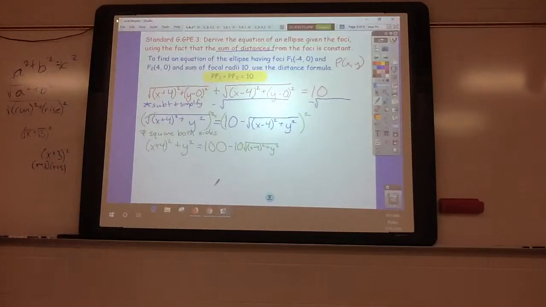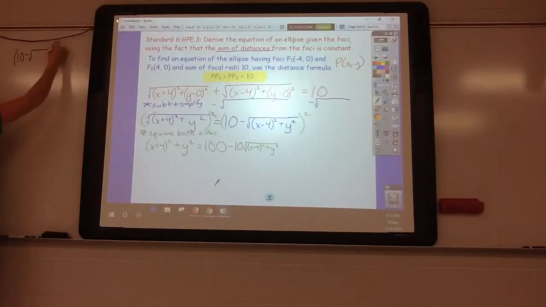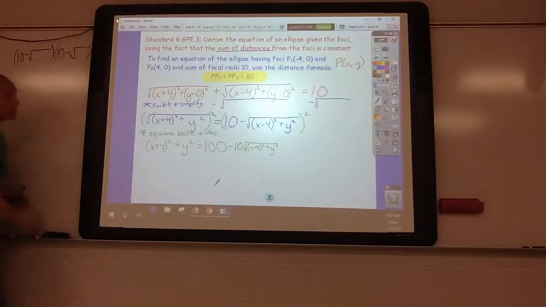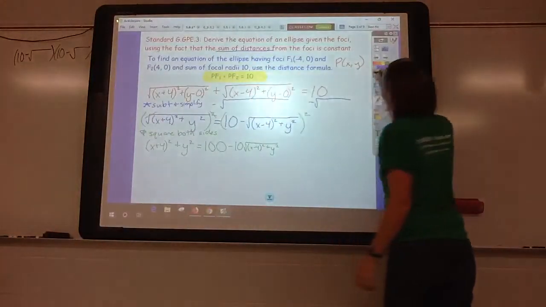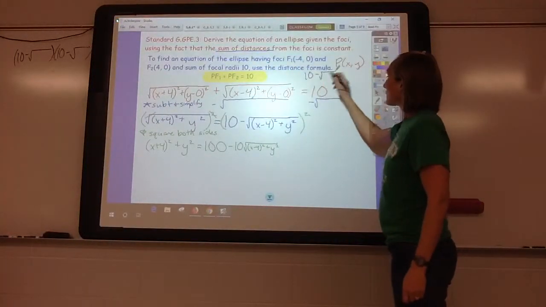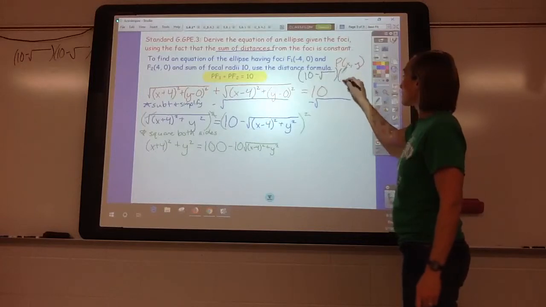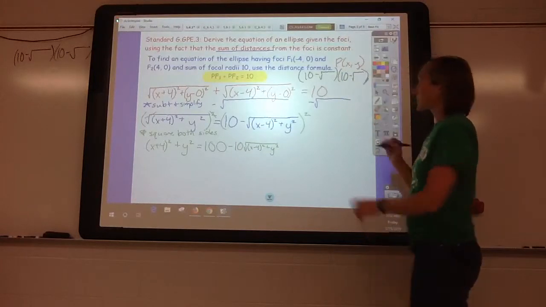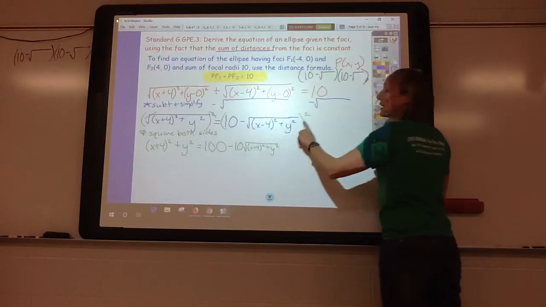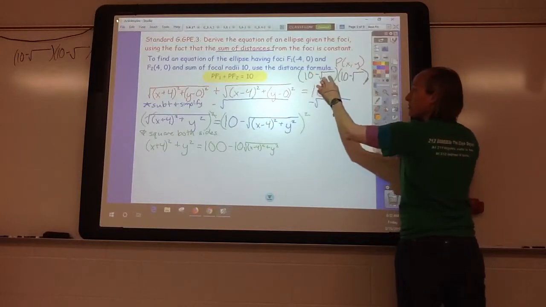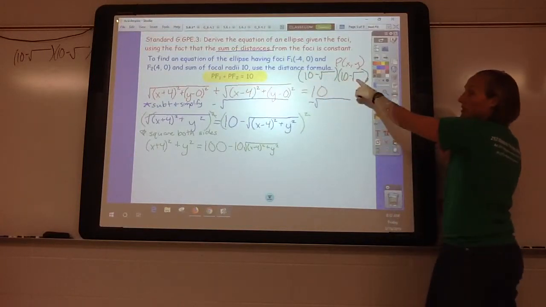Then I have to distribute the negative square root. I got a few funny looks there, give me a second here. Okay, right now I have 10 minus the square root times 10 minus the square root. Okay, I have this that I'm doing. If I'm squaring this, I'm doing 10 minus whatever this is times 10 minus whatever that square root is.